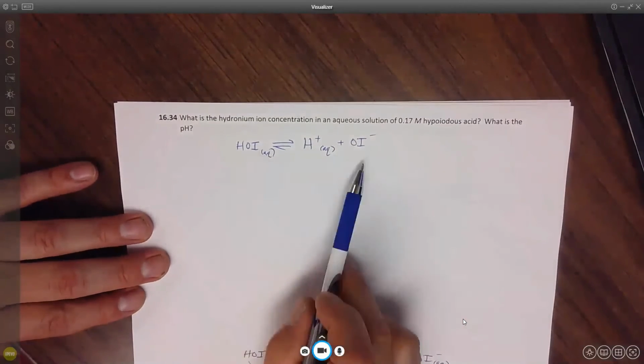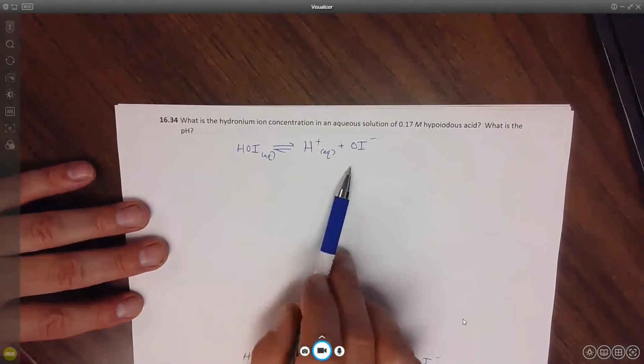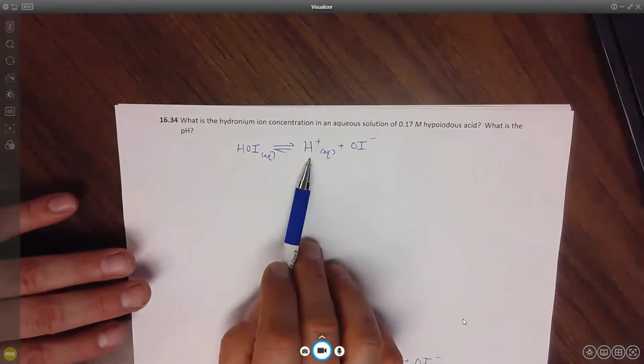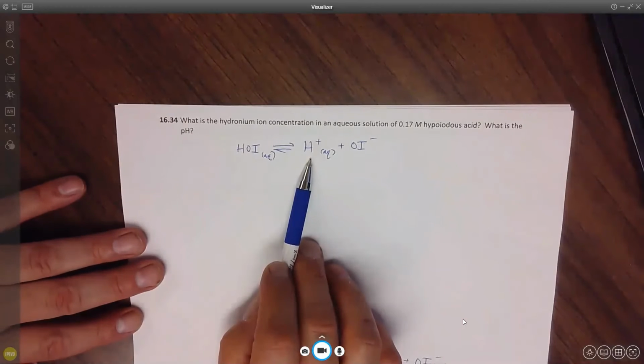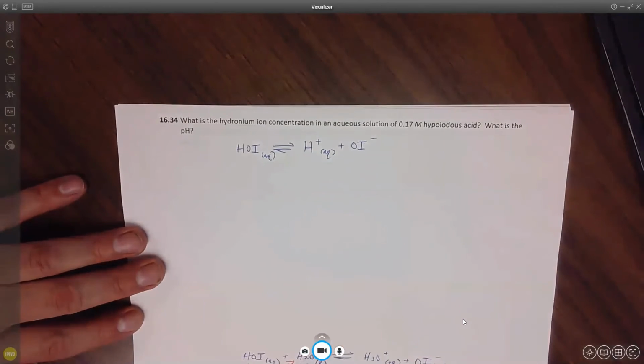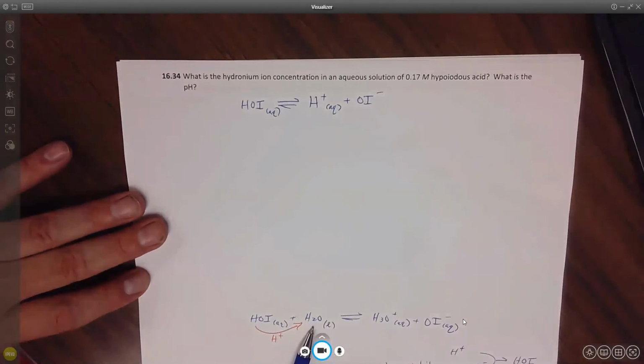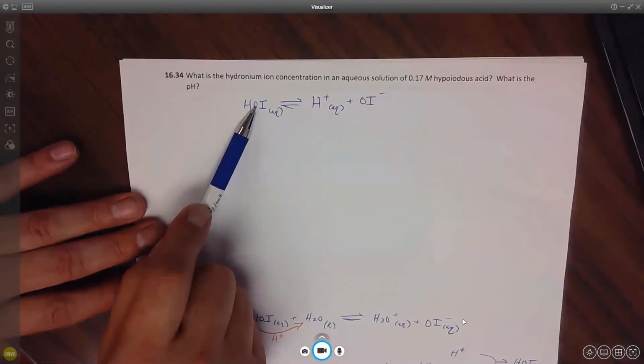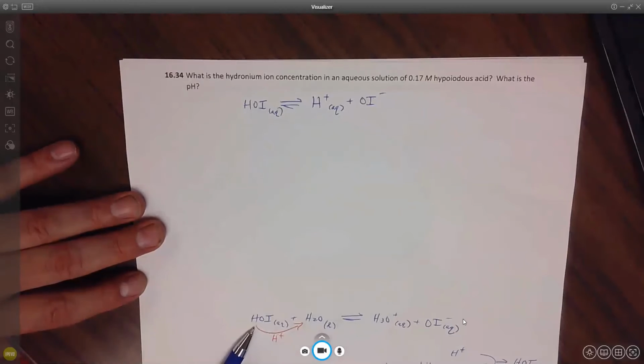So this will work with any acid. It'll work with hydroxide bases, except that it would be the hydroxide ion, not the hydrogen ion. But for any nitrogen-containing bases, you always have to add the water in. So again, this and this are the same thing. This is what really happens.